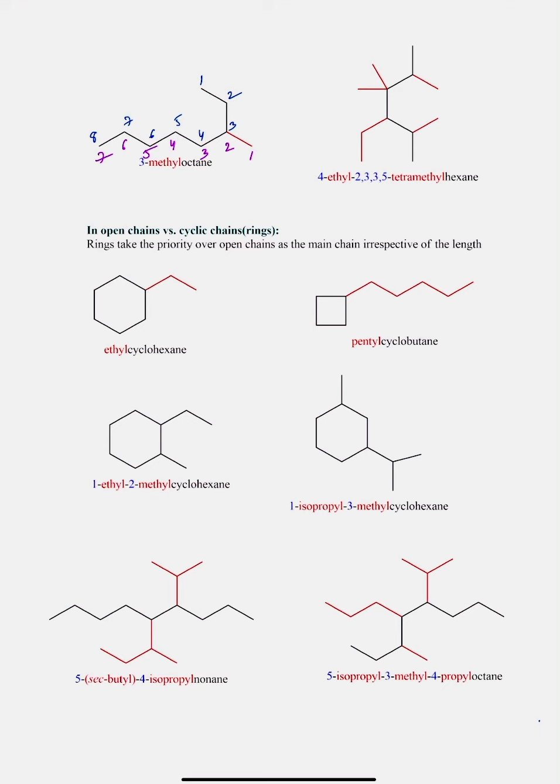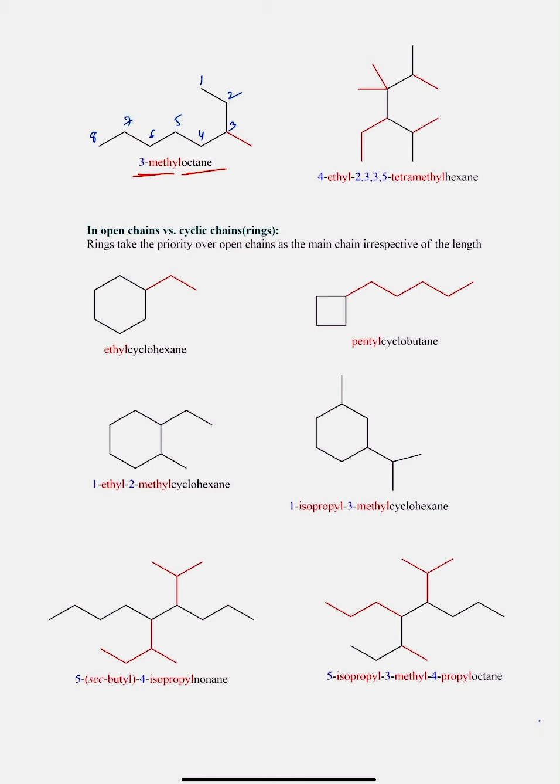Let me see. I'll erase this purple numbering because it's not the right one according to the chain length rule. So it has 8 carbons, that's why the name is octane, and there is only one substituent, that is methyl, attached on carbon number 3, and it's written as 3-methyl because 3 is the locant.